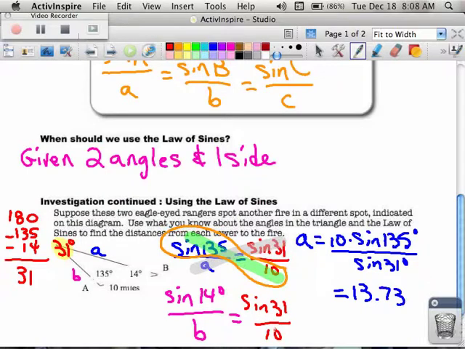To figure this one out, it looks very similar. I'm going to multiply the two things that I know that are across from each other, the 10 and the sine of 14, and divide by whatever's left over. In other words, b is equal to 10 times the sine of 14 degrees divided by the sine of 31.